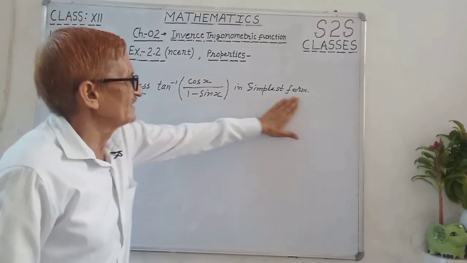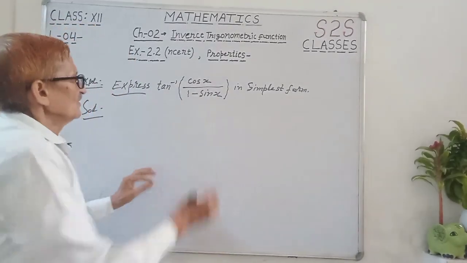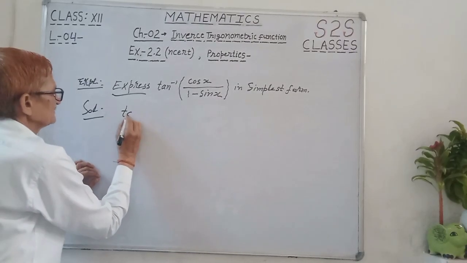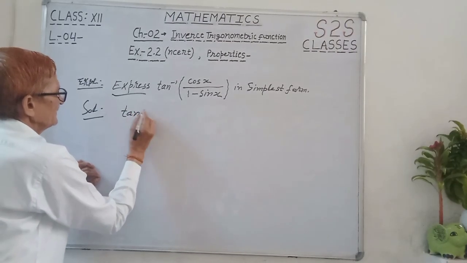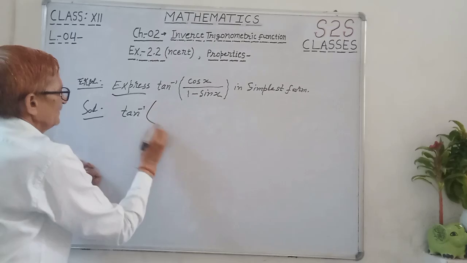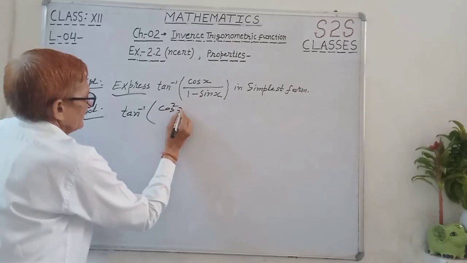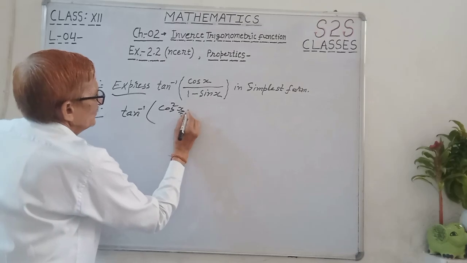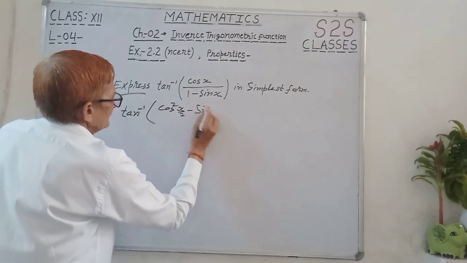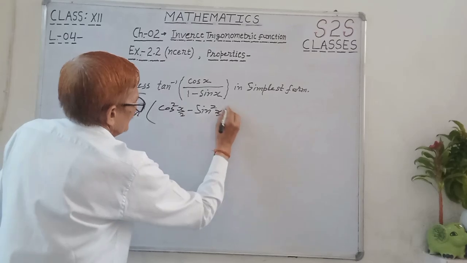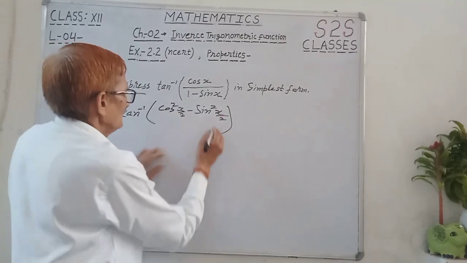So we should take both in that form. In the tan inverse, the third identity we have to use for cos x: cos square x by 2 minus sin square x by 2. This is the cos x value.